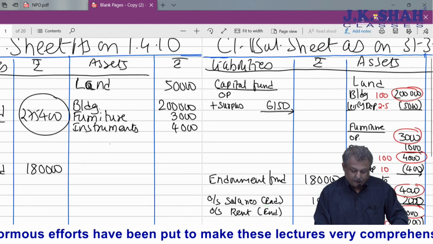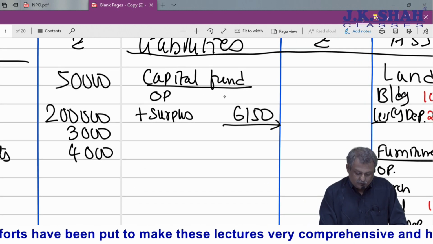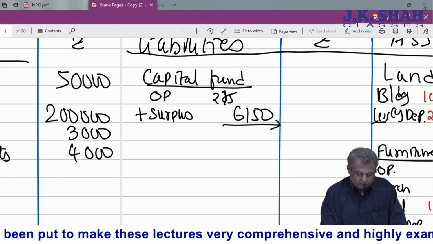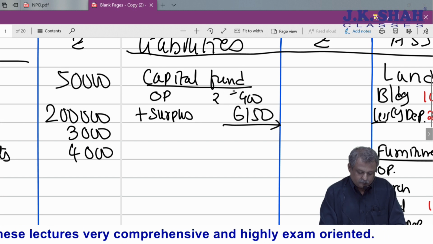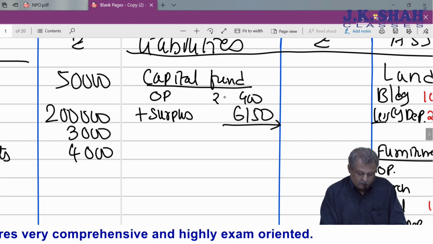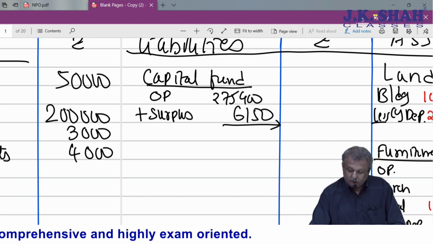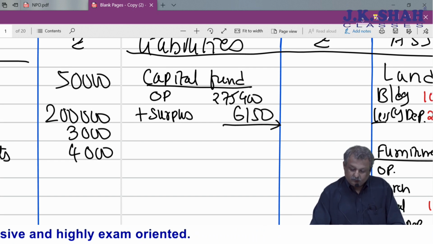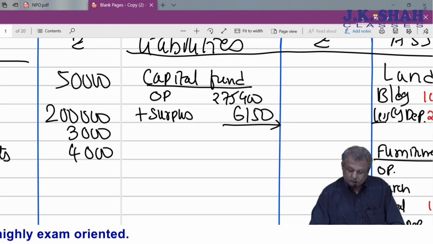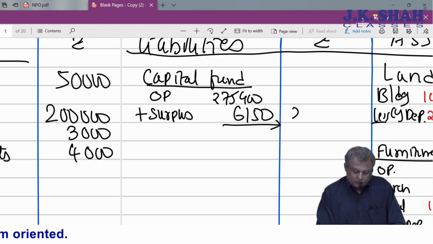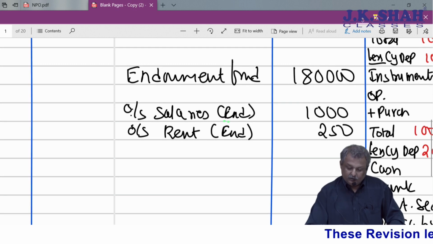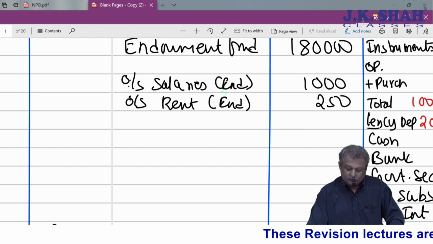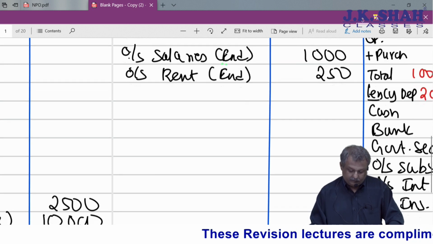So capital fund 275,400 plus 6,150, 281,550 plus 1,80,000 plus 1,000 plus 250.